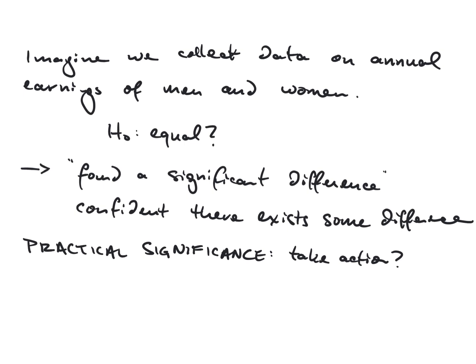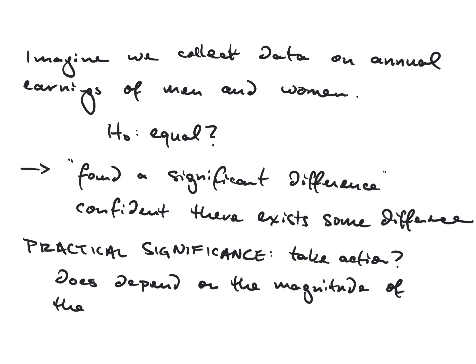And this usually does depend on the magnitude of the difference. The magnitude, how large it is. And as I said, statistical significance does not address whether the magnitude is big enough to care about. So this is one example of how the two terms don't necessarily coincide.